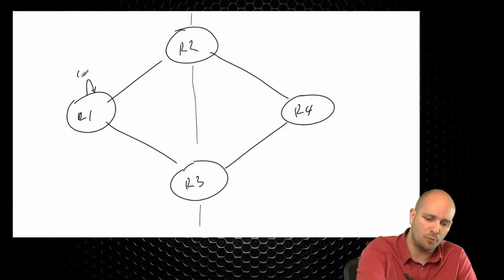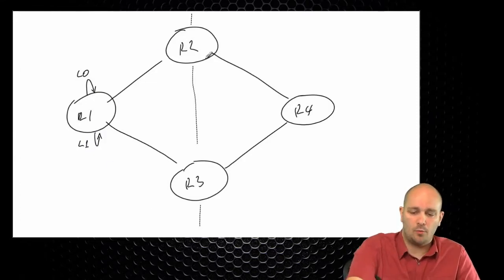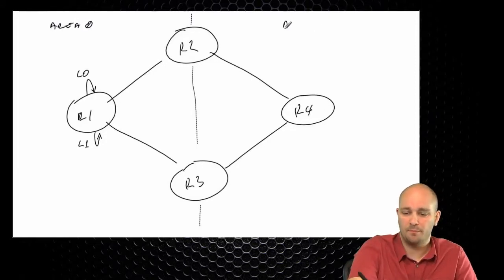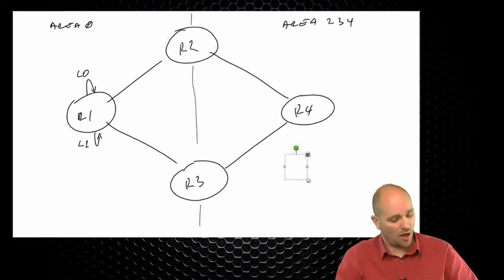So this is going to be loopback 0, and this is going to be loopback 1. Now, this is going to be area 0, and this is going to be area 234.